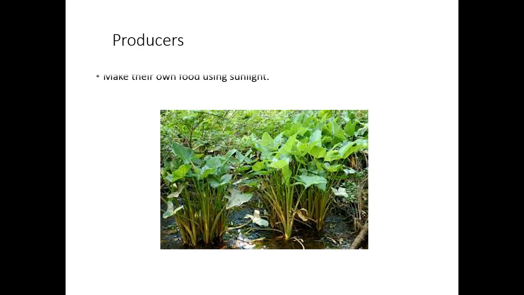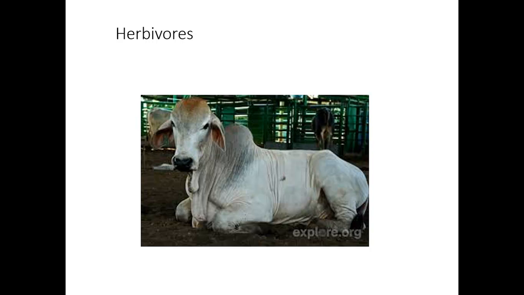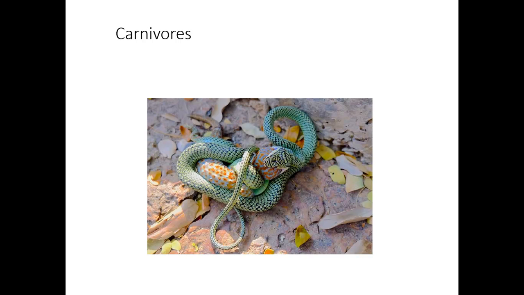Producers make their own food using sunlight. Now you already learned this in M1EP, so do not write this down unless you don't remember. Consumers eat other living things. Herbivores, animals that eat only plants. Carnivores, animals that eat only other animals.